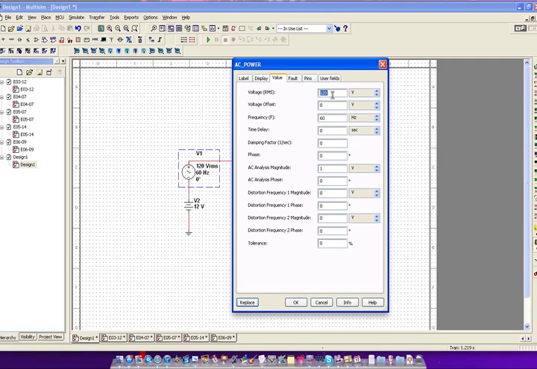The program doesn't convert the voltage from the normal voltage, the VP, to the VRMS, so we have to convert it ourselves. Here we have 10 volt, so 10 times 0.707 is 7.07.